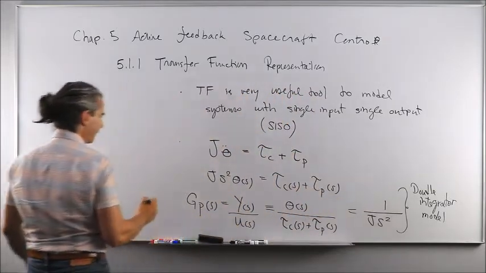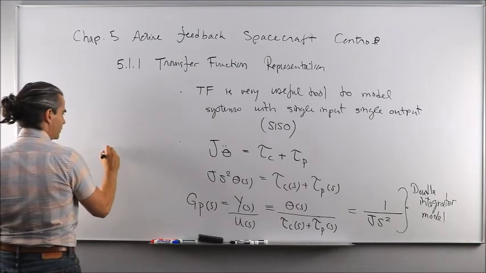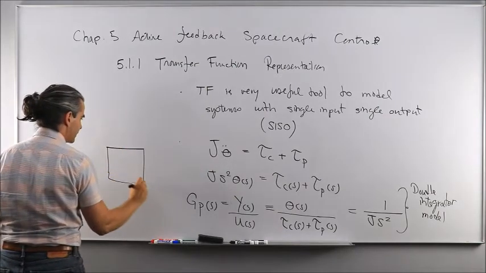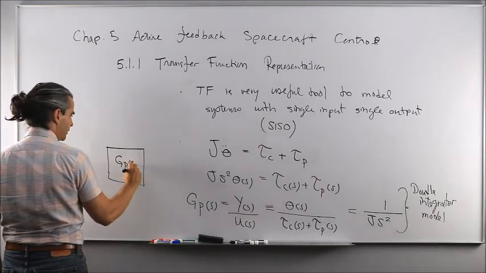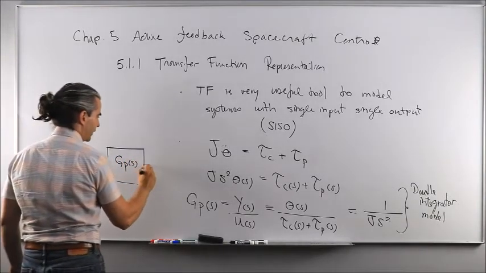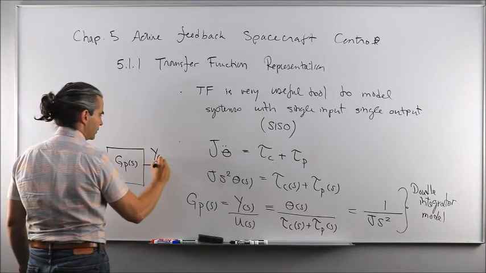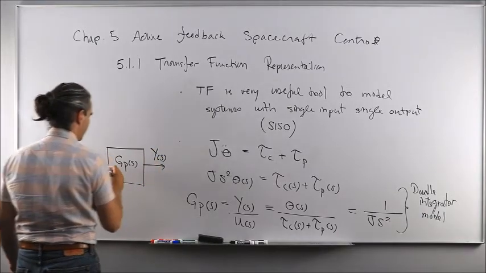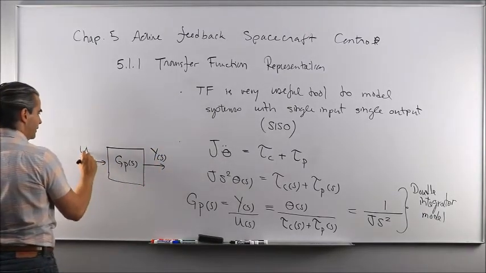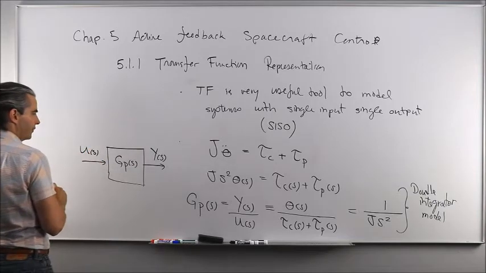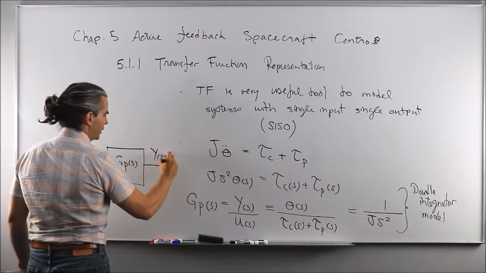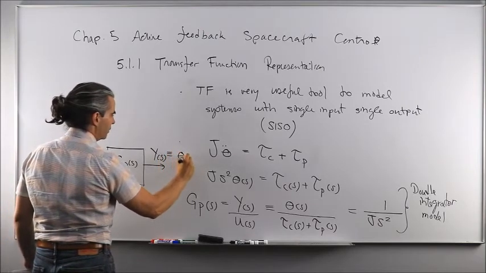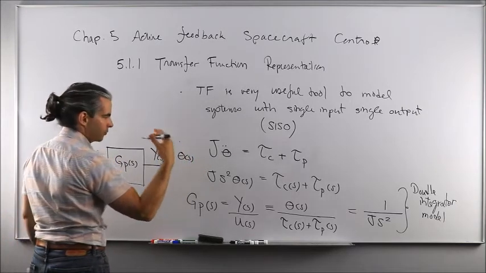Okay. So all this to say that you can model the spacecraft in terms of a single axis as being GP, like that. That calculates outputs here, given its input, whereas the output will be equivalent to an angle in terms of roll, pitch, or yaw.